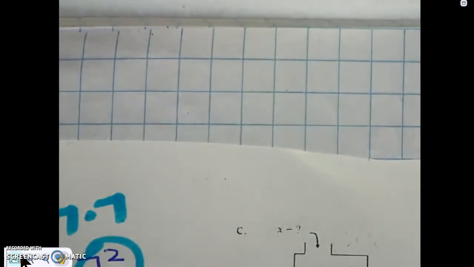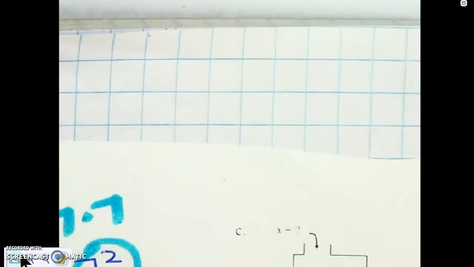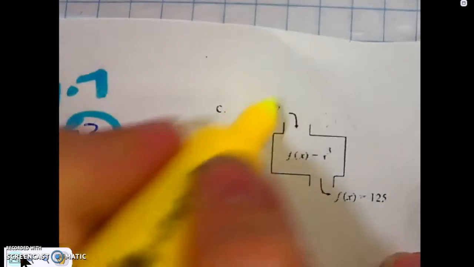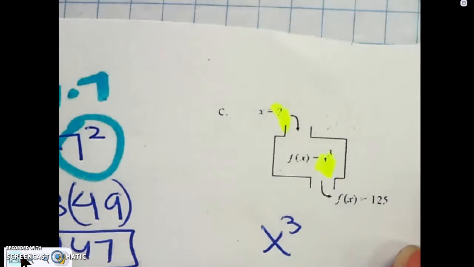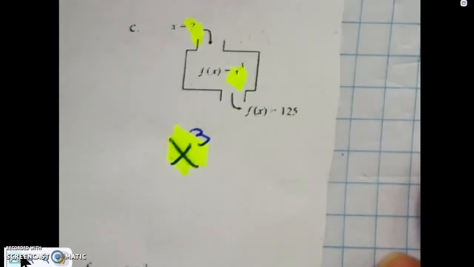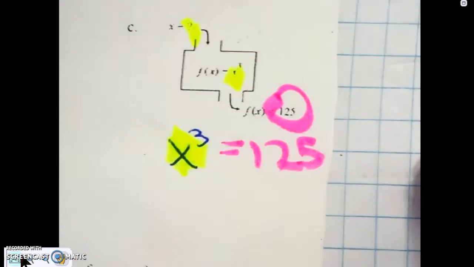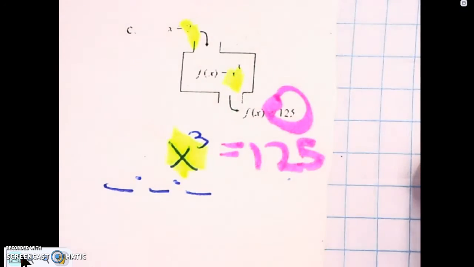Letter C. This time, we don't know x. So we don't know what's going to go in there. So this says x cubed, but we don't know what x is. But we do know that when we get the answer, it is supposed to be 125. So we have to think of what times what times what is going to give me 125.